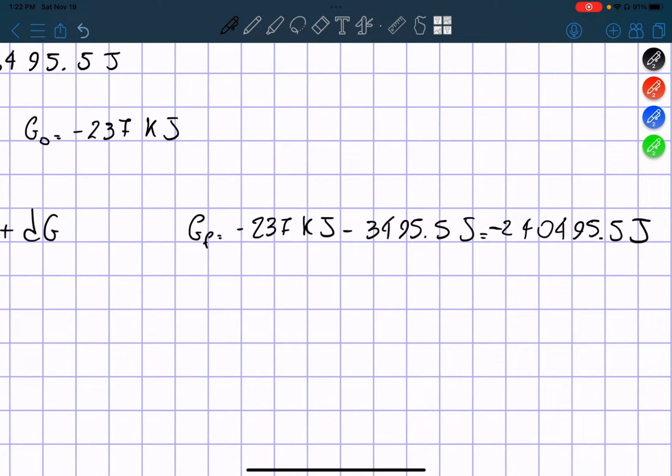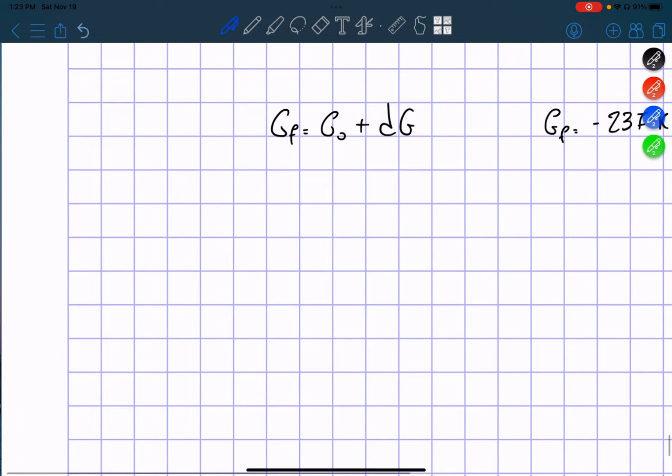Now we have to find the maximum electrical work done by the cell for 1 mole of hydrogen fuel. So we can just assume that all the work is done by the electrical work.